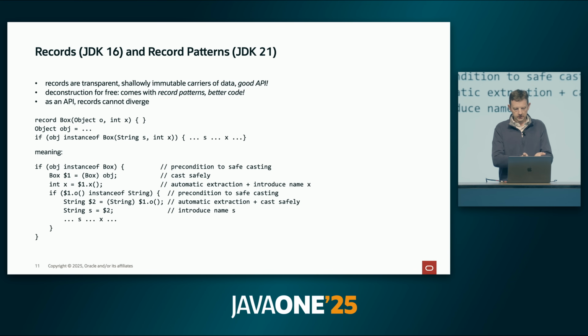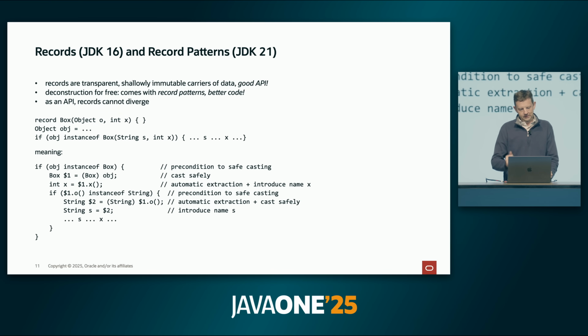The first one you'll notice, String s, is not the type of the component. The component is an Object. That's not an error. What that means is get the object out of the Box, and if the object is a String, then this pattern succeeds, and you can keep going. If the Box contains some other object, then the test fails, and the entire pattern fails.